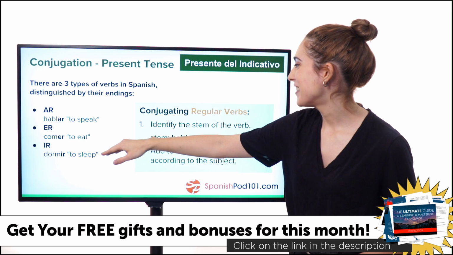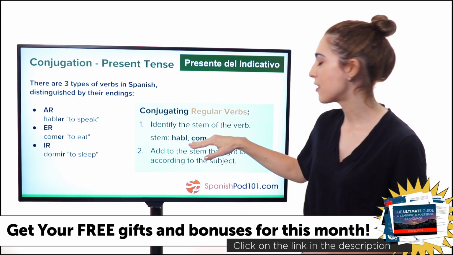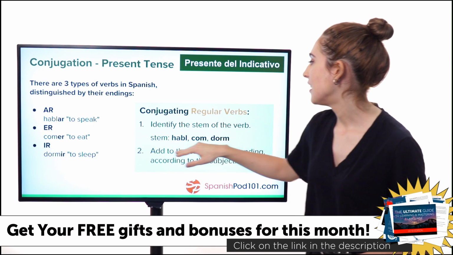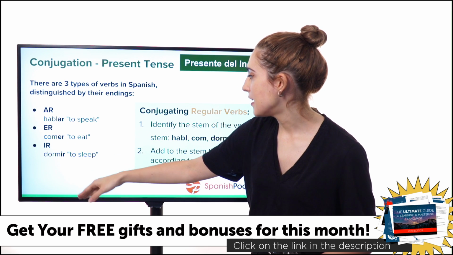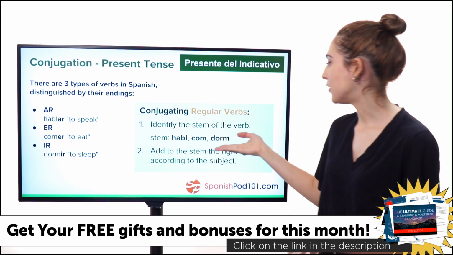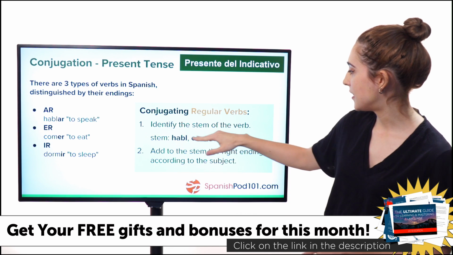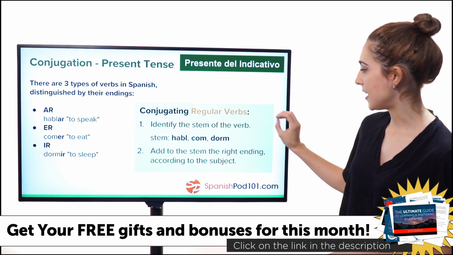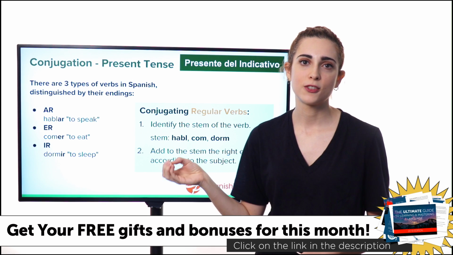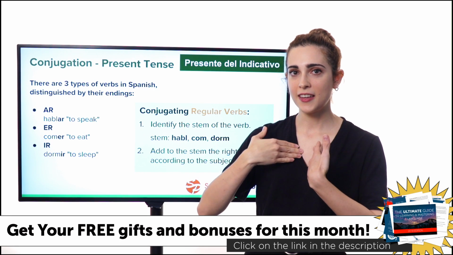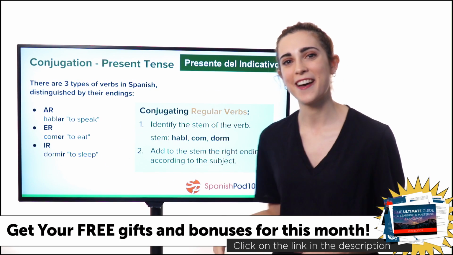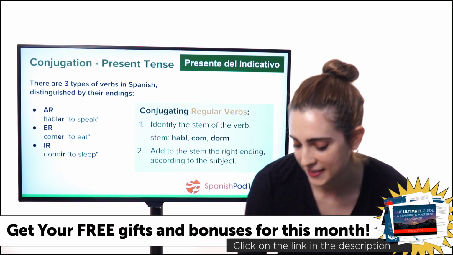In the case of comer, we take out ER, and we have com. In the case of dormir, we take out IR, and we have dorm. Then we add to these stems the right ending according to the subject: I, you, he, she, and now we're going to see that.